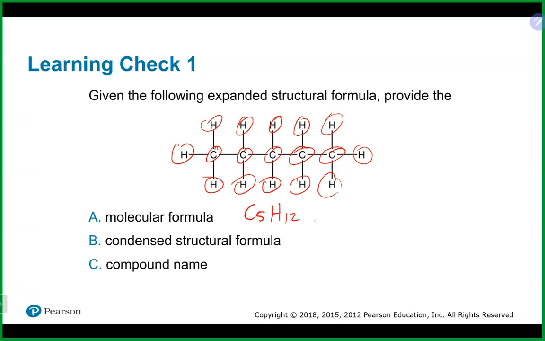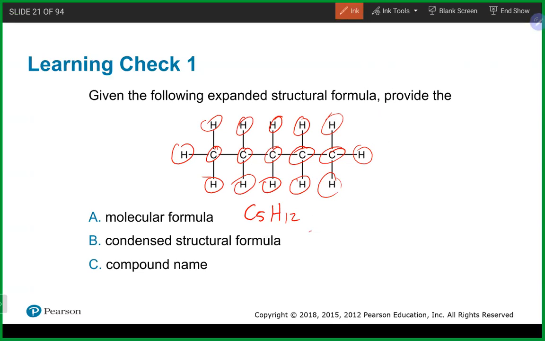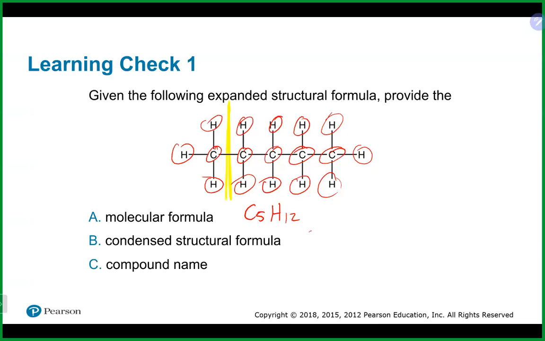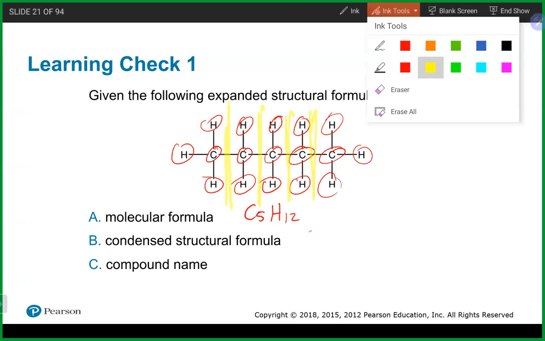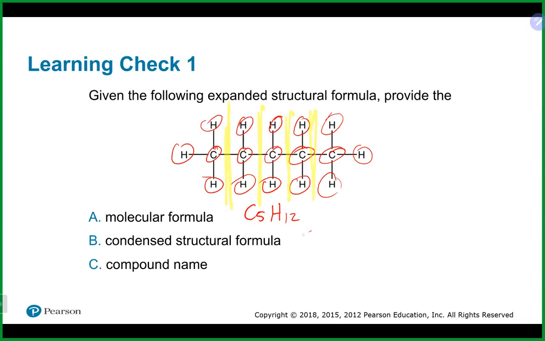Next will be the condensed formula. We basically just break it off by carbon units. So basically there, we would break it, and we would end up with CH3, which is basically this guy.